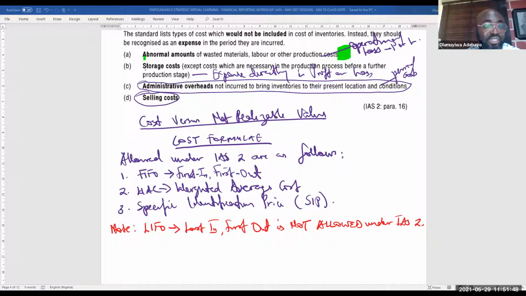What about specific identified price? Who can give us a clue about that? Okay.